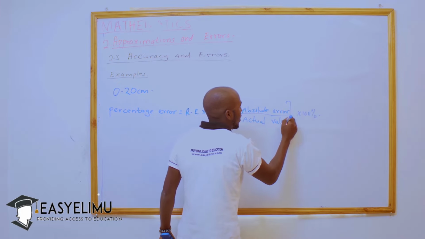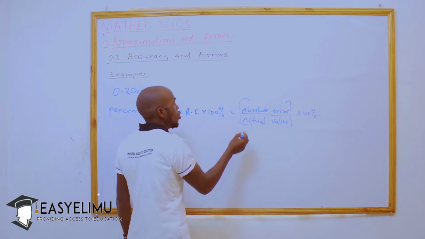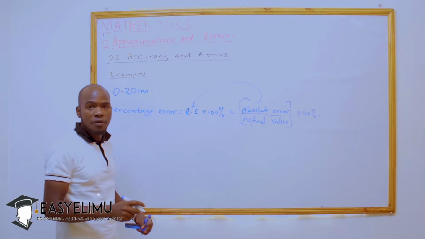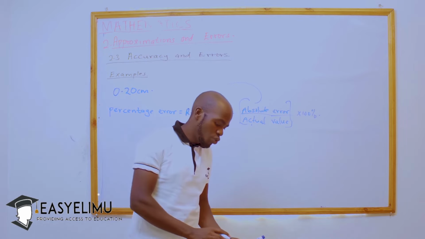But remember, this one, absolute error over actual value, will give you the relative error, and relative error has no units.